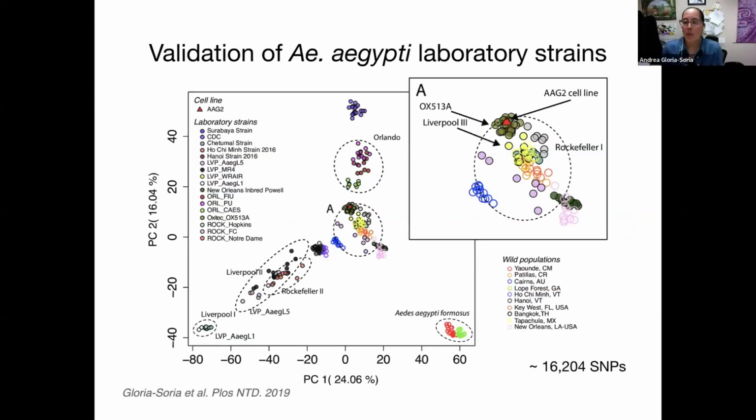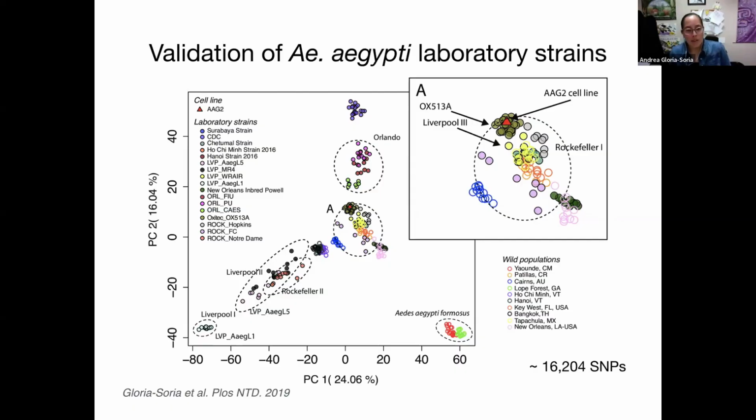Now, these genetic panels, as I said, also include laboratory strains. Because laboratory strains originally came from the wild before they were colonized, most of them retain the genetic signatures of the populations that they originally came from.